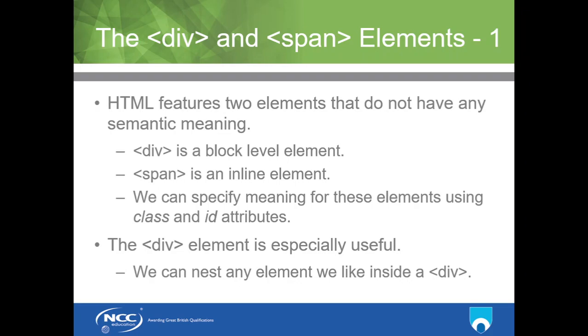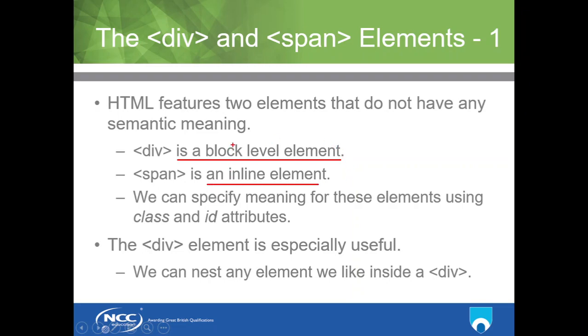So HTML5 introduced two new elements, the div and the span element. Now, the div element is a block level element. On the other hand, the span element is an inline element.